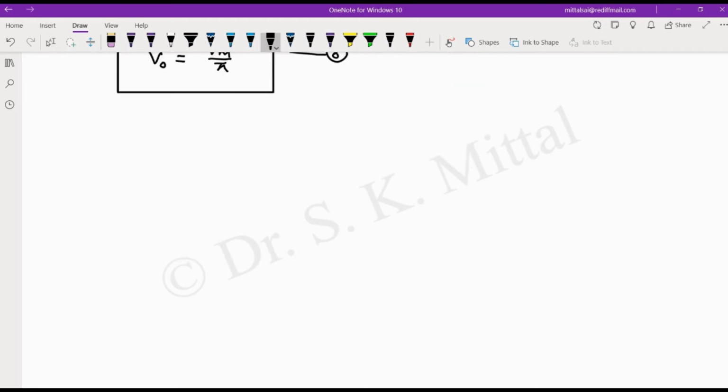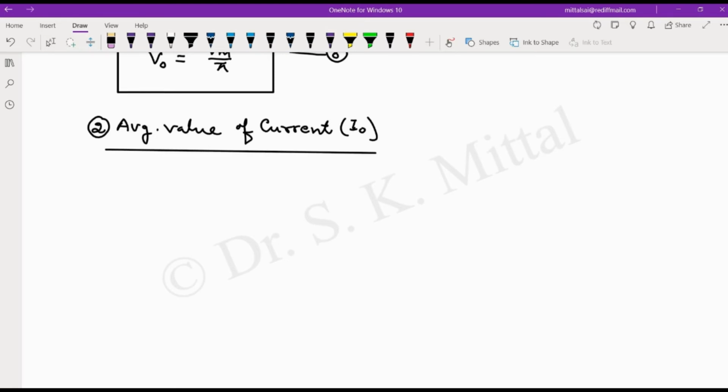Now the next calculation is the average value of current. Suppose we represent the average value of current by I0, and since the load is resistive, then for a resistive load we can consider the average value of current equal to the average value of voltage divided by the resistance.